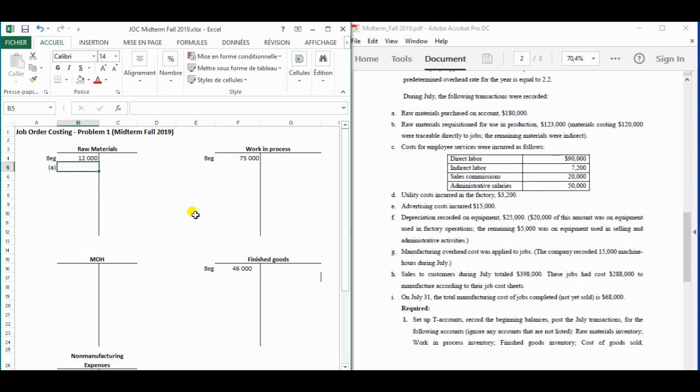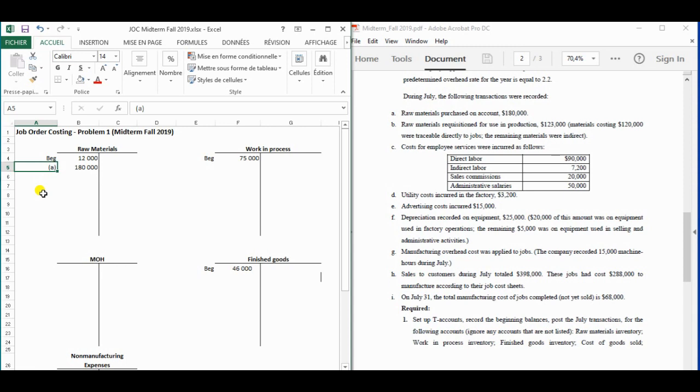Okay, so I will debit raw materials. I will increase my raw materials inventory by $180,000. This is the first transaction. In the midterm, okay, and in your answer, please indicate the letter or the number of the transaction.